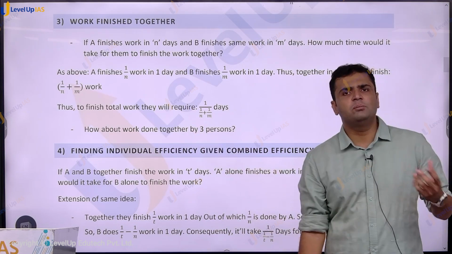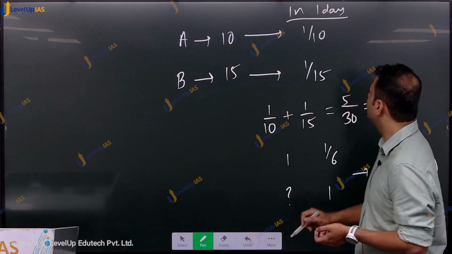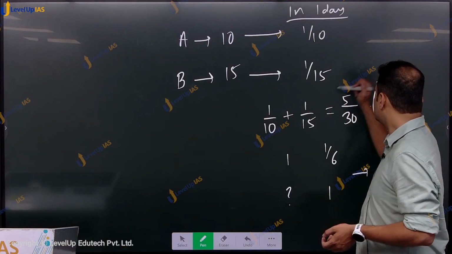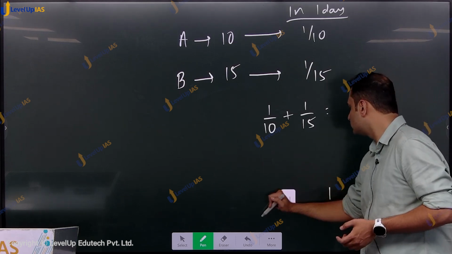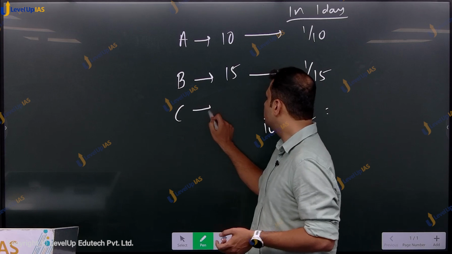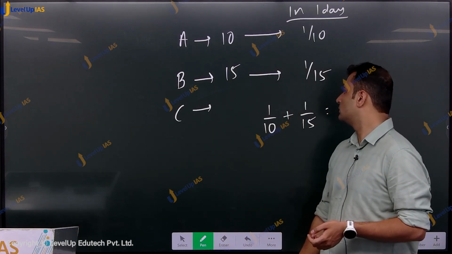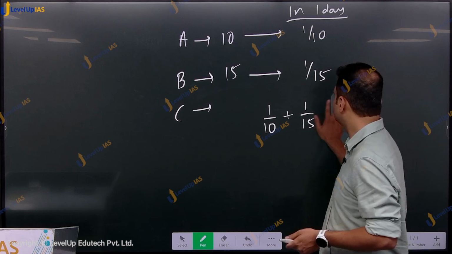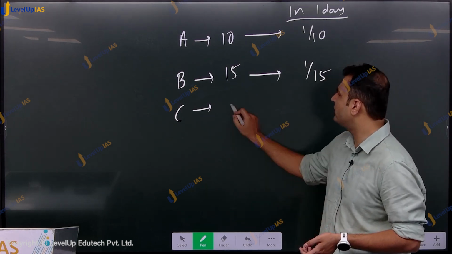What will happen if 3 persons work together? It doesn't matter. For example, let us see what happens if 3 persons are working together. So let us say C finishes the same work in how many days? Let us take 5 days.